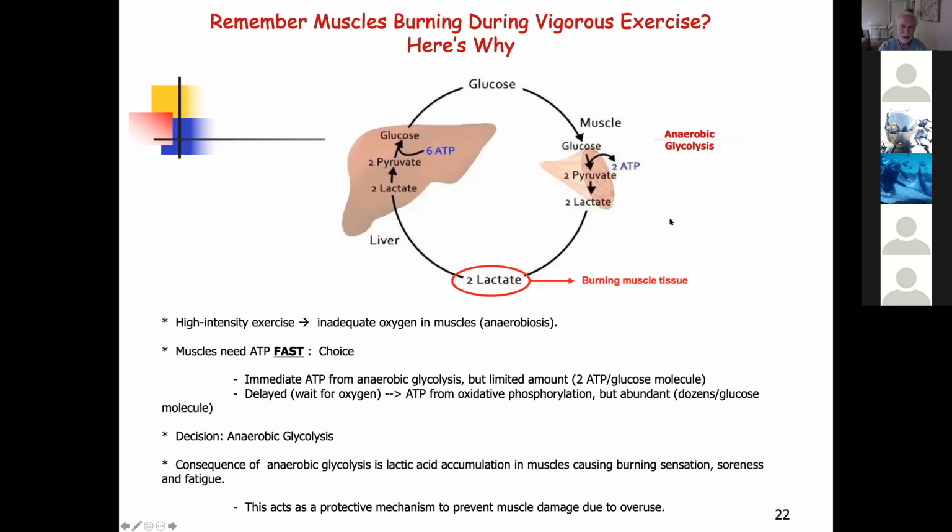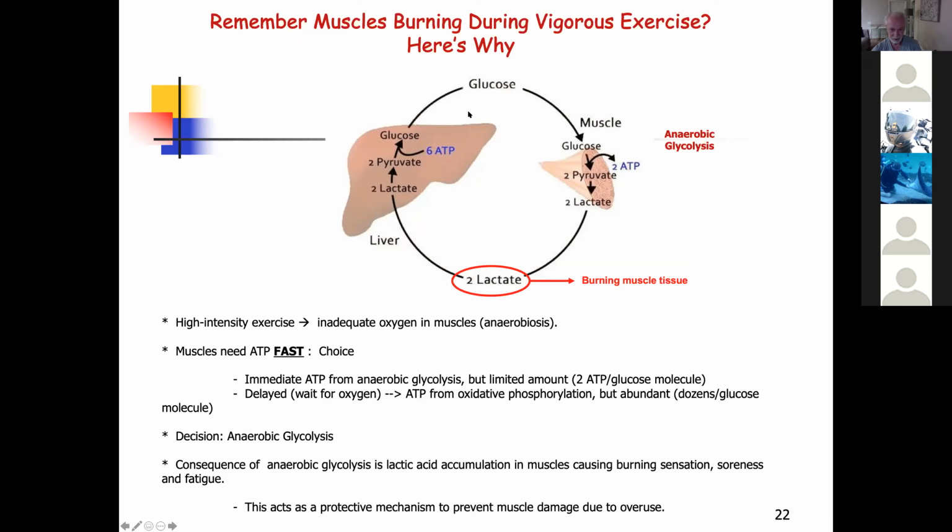So this brings us to the issue of vigorous exercise, which leads to anaerobiosis. You have glucose in the cytoplasm of muscle cells. It's converted to pyruvate, which generates 2 ATPs and lactate, which then can get cycled through the liver back to pyruvate and glucose.